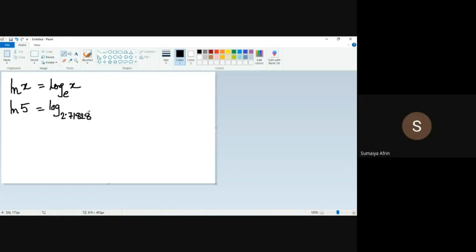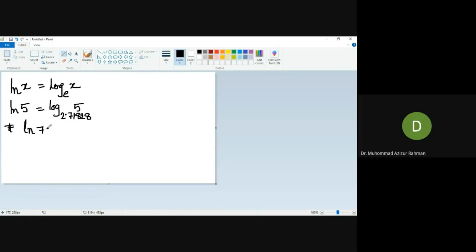Now we can do one more simple thing. Given that ln of 7.389 equals 2.